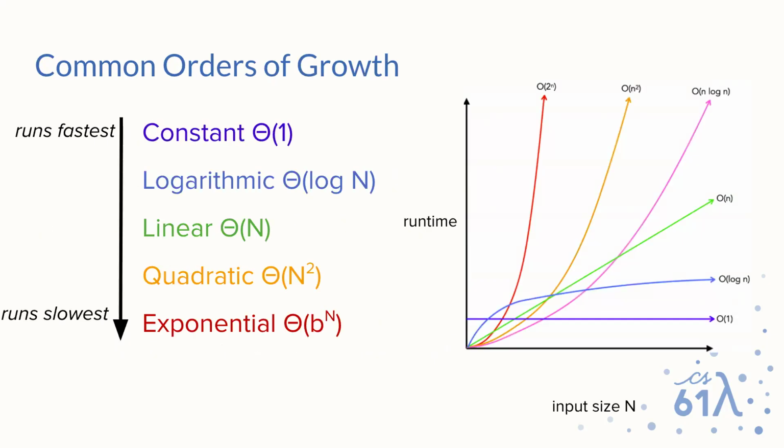There are multiple kinds of orders of growth, which is what I want to stress first. There's constant, and I can give you an example. Say your name. Aaron. It's just one thing per person. If I ask one person their name, it's constant.